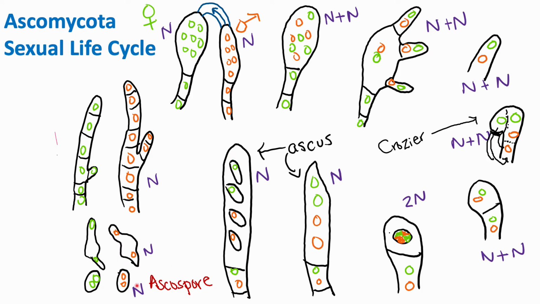If we take a look over here, our ascospores are haploid, but they have 2 sets of nuclei that are the same. Over here, we only have 1 set of nuclei. We're still haploid, but we need 2 sets of nuclei in order for these spores to be released. So what happens is that the nuclei are now going to undergo mitosis to get the 2 nuclei.